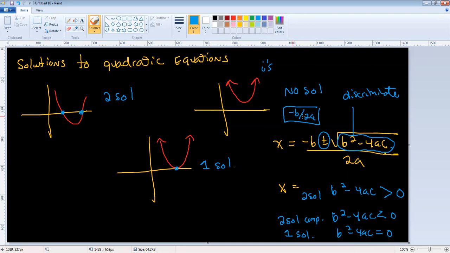And I think that's also the vertex, right? So this is giving you the vertex right here. And if this quadratic hits the x-axis, then of course it's going to be one solution, and of course it's going to be the vertex. So anyway, that's how you do that.